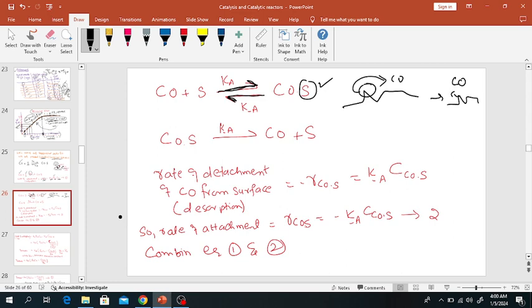The desorption rate constant is denoted by K minus a.